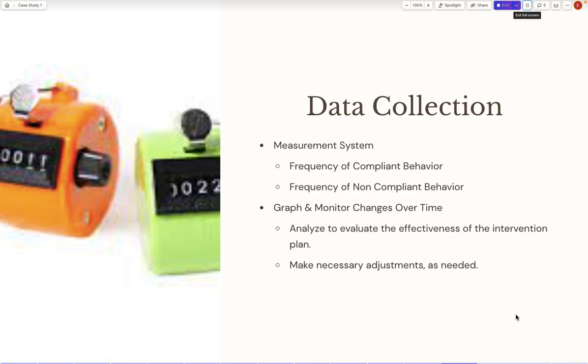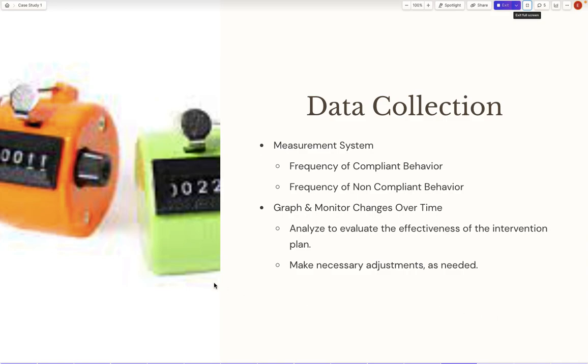To collect data, a frequency count was taken for each occurrence of compliance and each occurrence of non-compliance. The data was graphed to analyze and evaluate the effectiveness of the intervention over the treatment period, and it also allowed for a visual representation of progress to determine if adjustments were necessary at any given point.